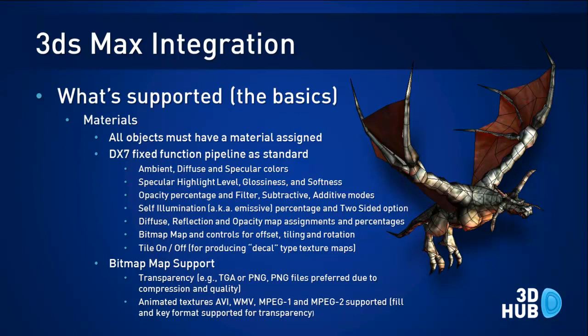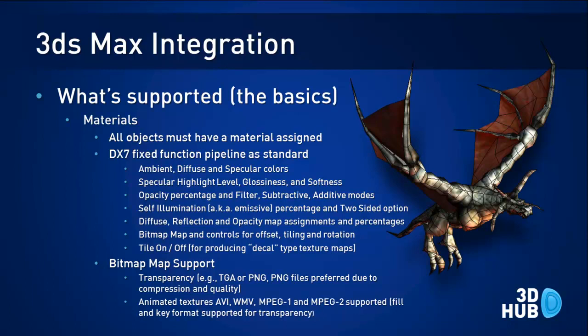Animated textures, we do support AVI files, WMV files, MPEG-1, MPEG-2. We even support a fill and key format. So if you want an animated video with a transparency, we can support that very easily using something like a WMV file.